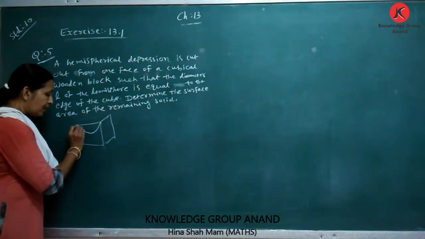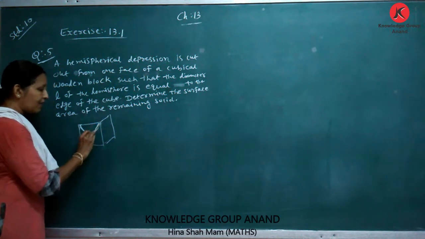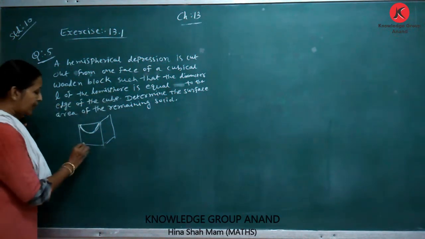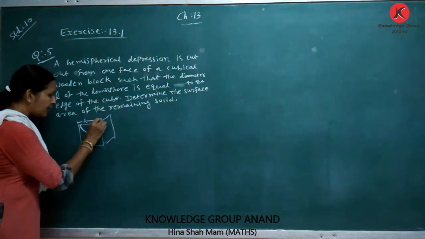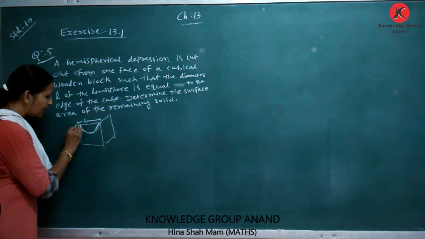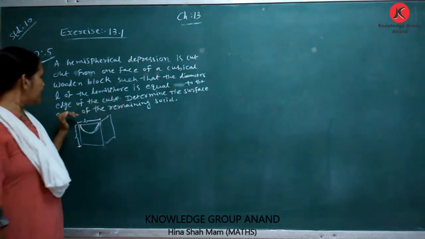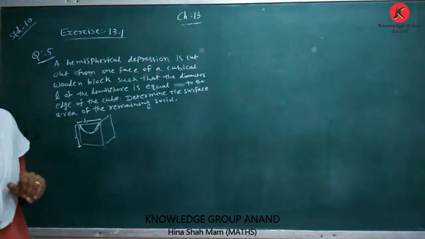Diameter is equal to L, and the edge of the cube is also L. Determine the surface area of the remaining solid.